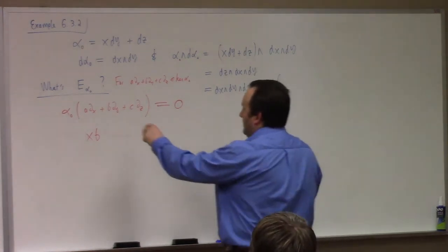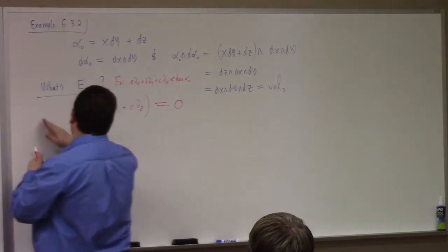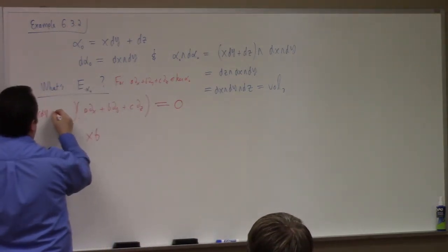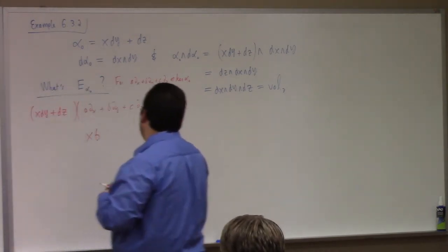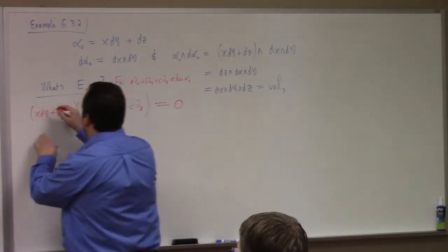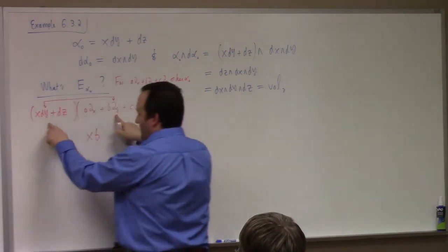If you don't mind, I'm going to write down the alpha naught down here again. It helps me. If you look at that, this dy is only going to give us something non-zero when it hits partial y.